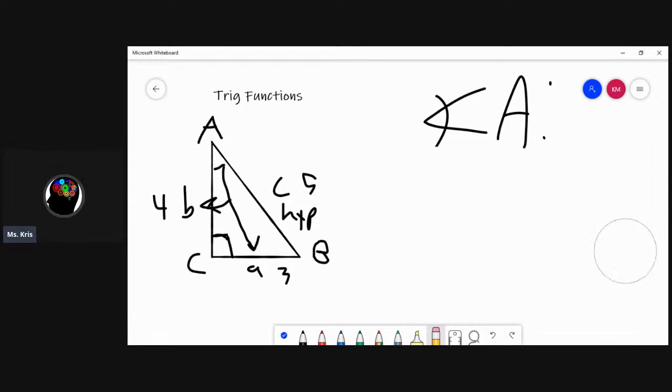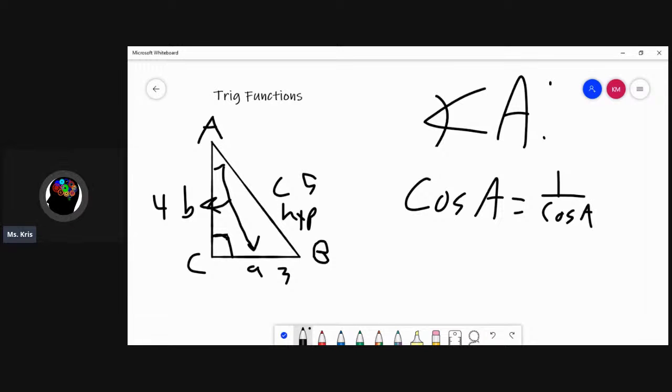Next, we have the opposite of cosine. The flipped version of cosine is 1 over cosine A, which is also called the secant.